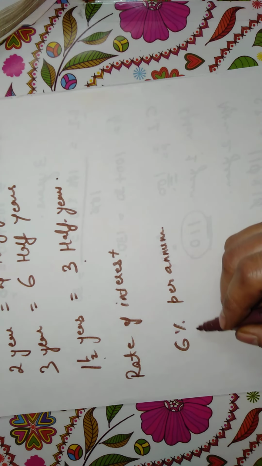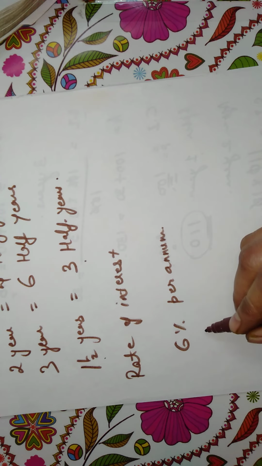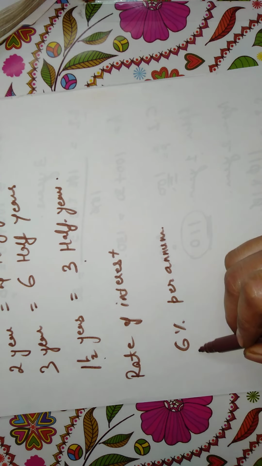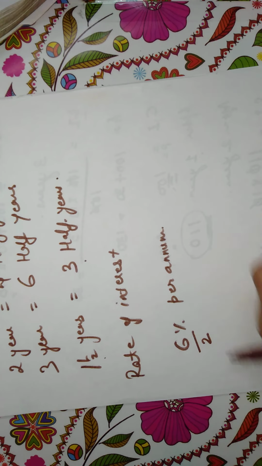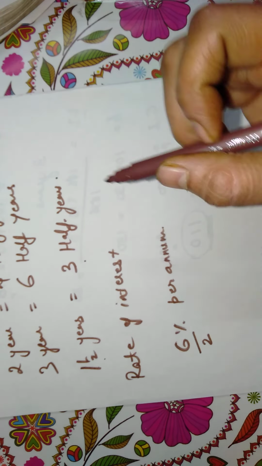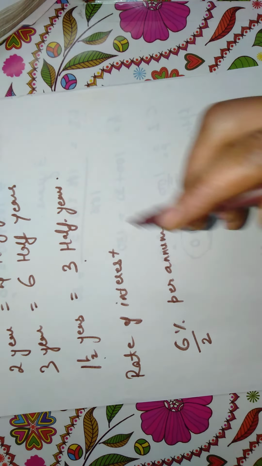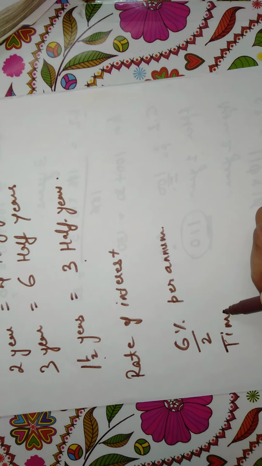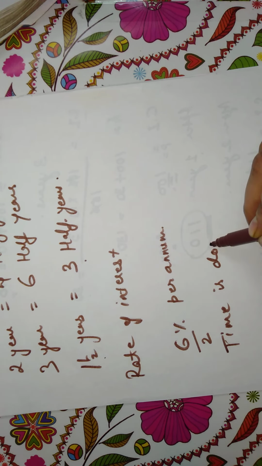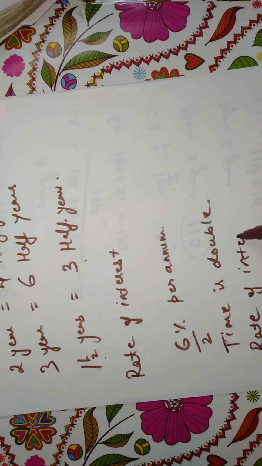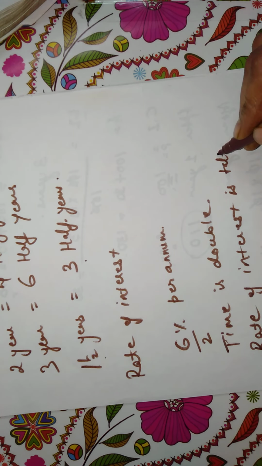So for a half year the rate of interest is reduced to half. So the time is doubled and the rate of interest is taken as half.